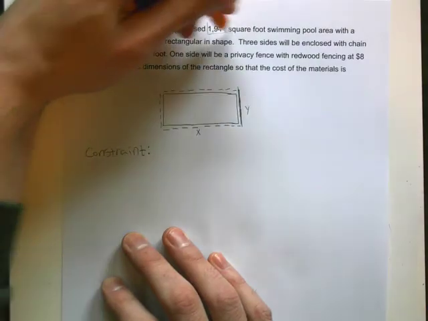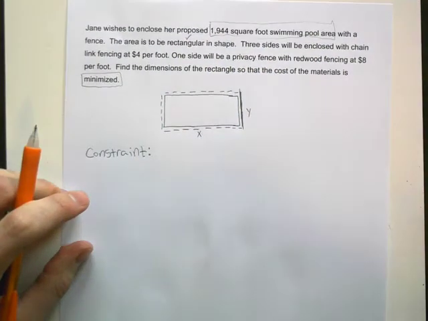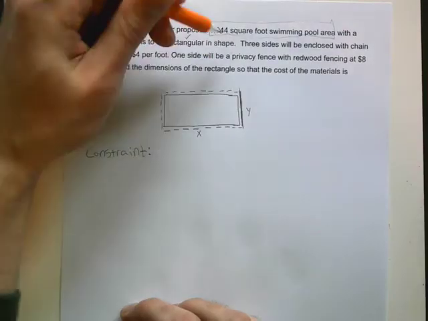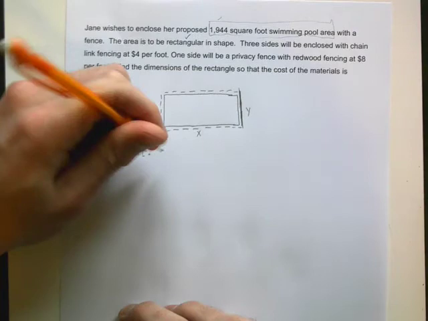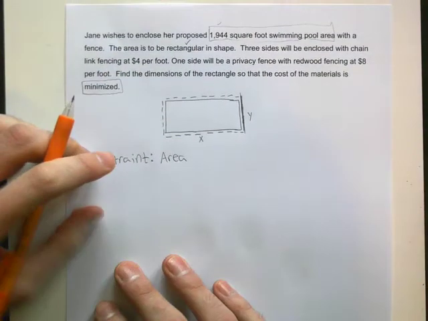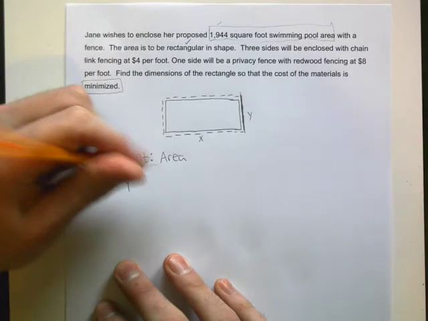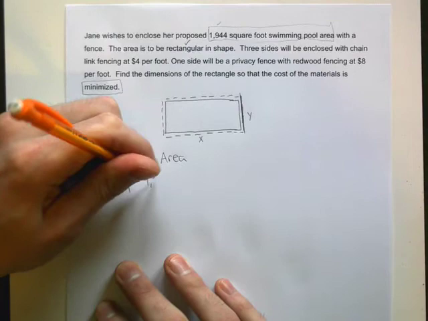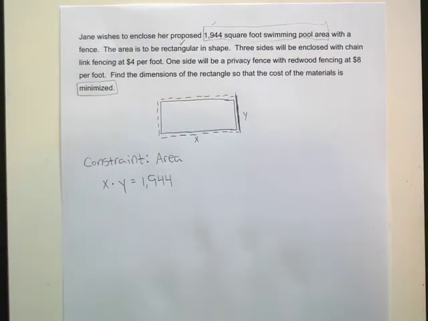So this is the area of the swimming pool. We can't make it any larger or any smaller than that. She's already built the swimming pool. That's our constraint. We're constrained by the area of the pool that was already built. And that equation, just like we said last week a bunch of times, is x times y, and I'm going to set that equal to 1944. So we have our constraint equation.